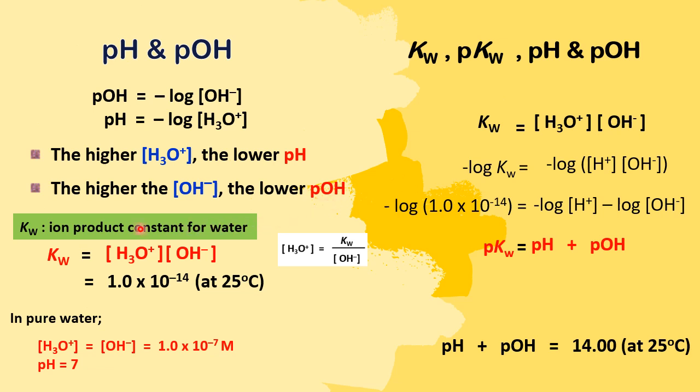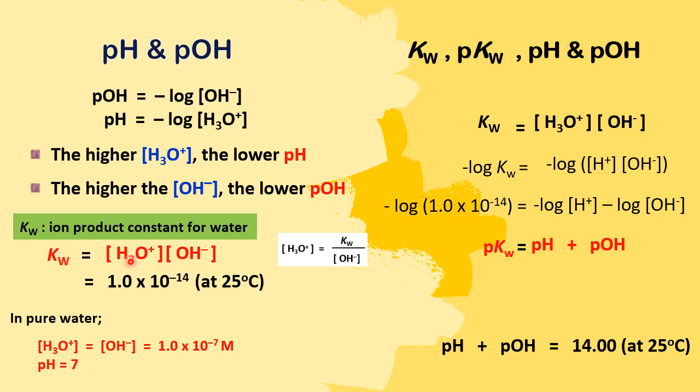This is a new constant that you have to know, Kw, the ion product constant for water, which has the value 1 times 10 to the power of negative 14 at 25 degrees Celsius. How do you get this value? It is the concentration of hydronium ion times hydroxide ion, so Kw equals hydronium ion times hydroxide ion.